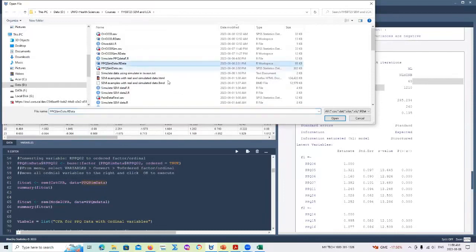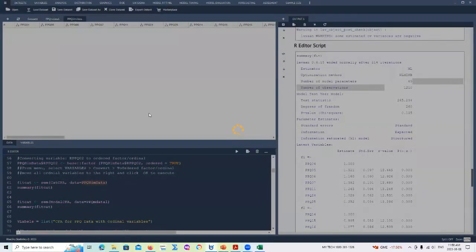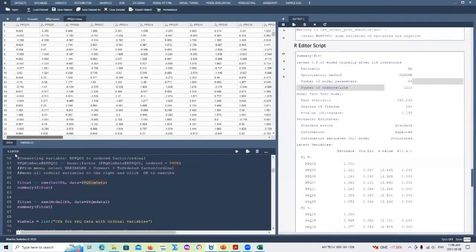I think that's the one that I shared in the original folder. So let me run that one and see what happens. We should get the same result because it's exactly the same data. So let me run it here.